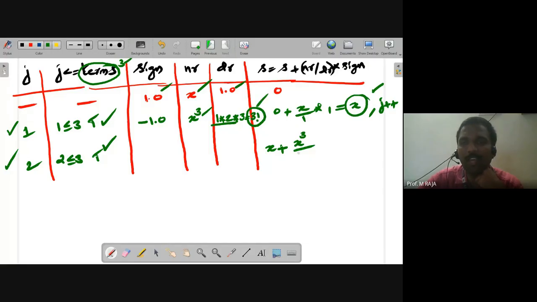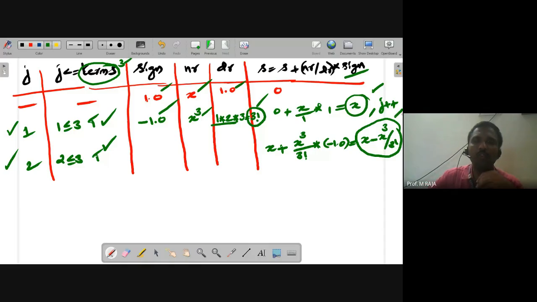Denominator is actually 3 factorial. This is multiplied with the variable sign. Current sign is minus 1.0. It seems mathematically this is x minus x power 3 by 3 factorial.